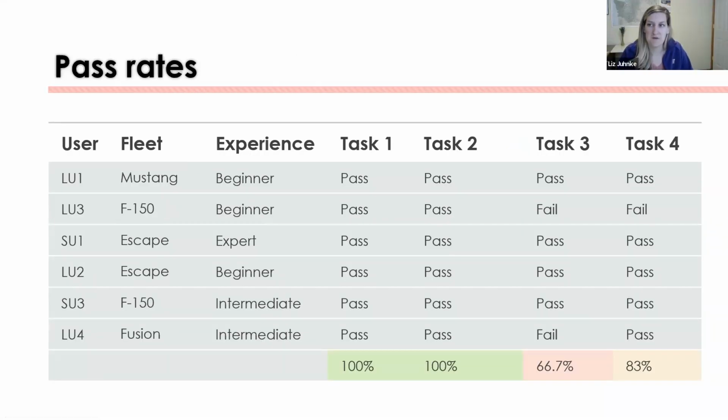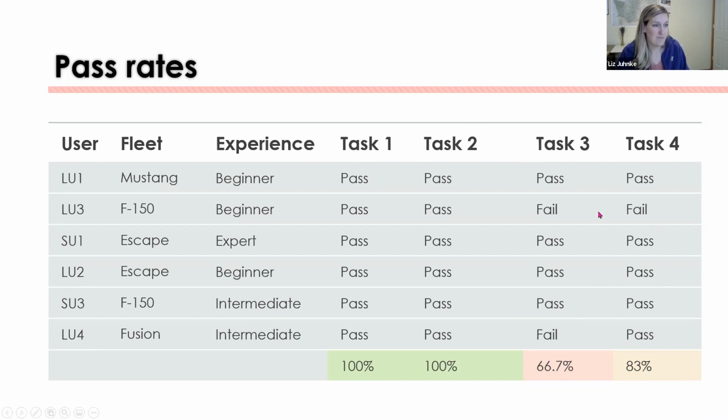Similarly with your pass rates, if you've done a usability test, I like showing for each user, did they pass or fail? And again, going back to our tasteful modern presentation slides, you can probably just have the high level numbers and the tasks. You probably don't need all of this, now that I'm thinking about it.